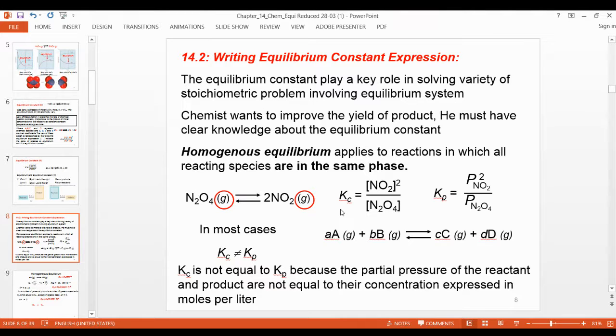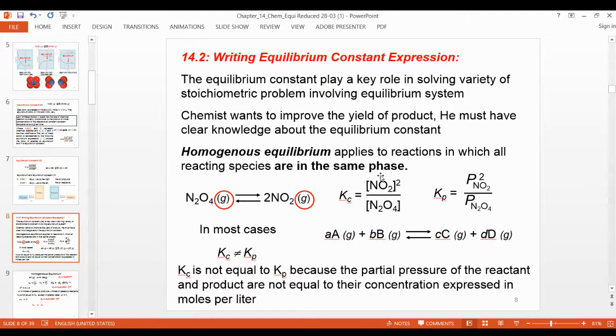Molarity. If the molarity is expressed in terms of pressure, because pressure always indicates molarity, if you increase the concentration or molarity, it means you increase the pressure. So it is similar, but the method of writing is different. When you write in terms of pressure, you write Kp instead of Kc.